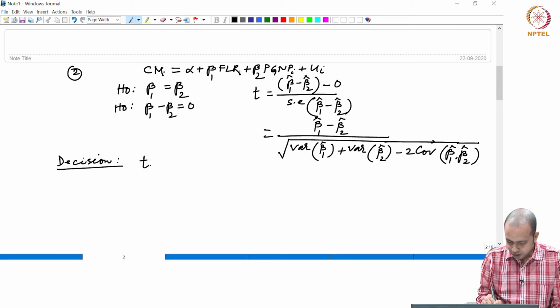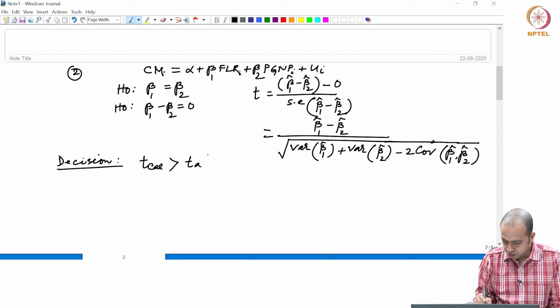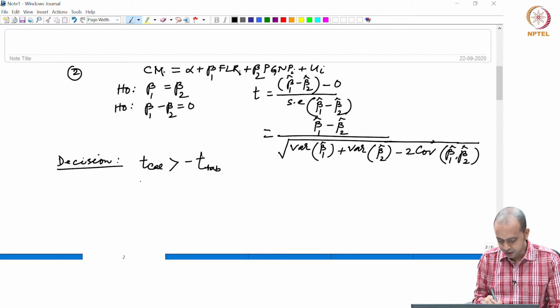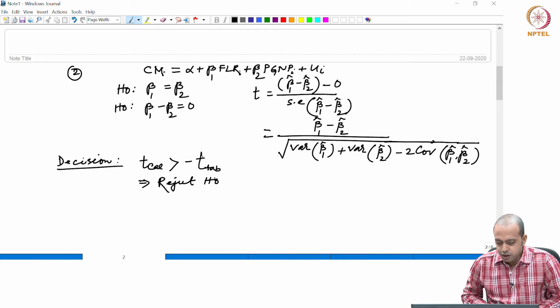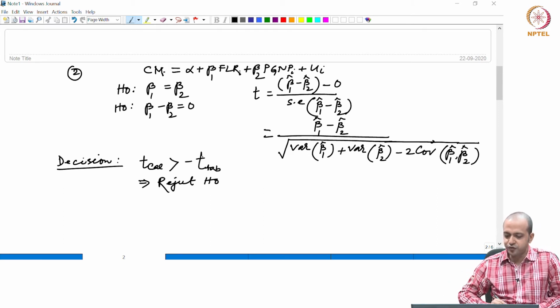If T calculated is greater than T tabulated, then that implies that you have to reject your null, reject your H naught. Okay. So, this will give you the T calculated value and you have to check the tabulated T at a specific level of alpha, either 1%, 5% or 10%.